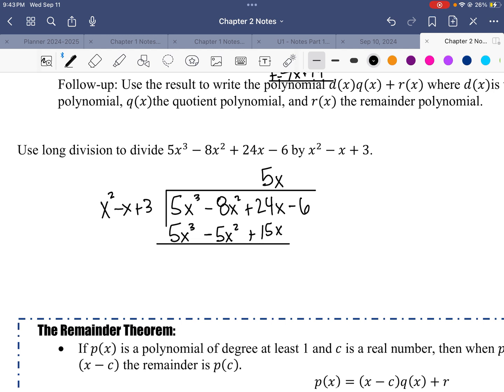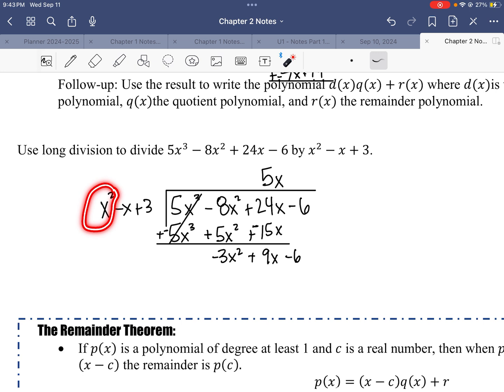Okay. Subtract or add the opposite. Negative 8x squared plus 5x squared is negative 3x squared. 24x minus 15x is plus 9x. And minus 6 at the end there that we dropped down. Again, what do you have to multiply by x squared to get to negative 3x squared?